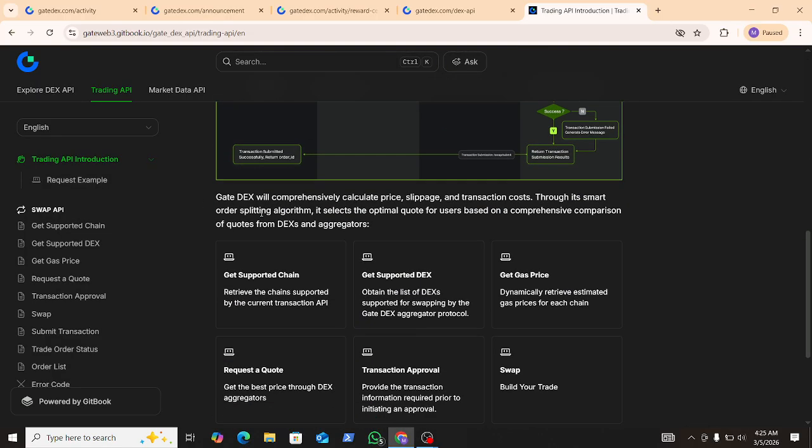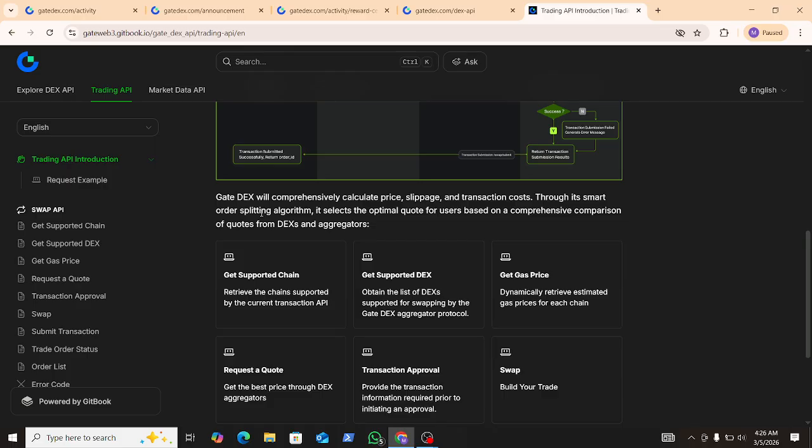GDX will comprehensively calculate the price, slippage, and transaction cost through its smart order splitting algorithm. It selects the optimal fit for the user based on the comprehensive comparison of quotes from DEX aggregation.